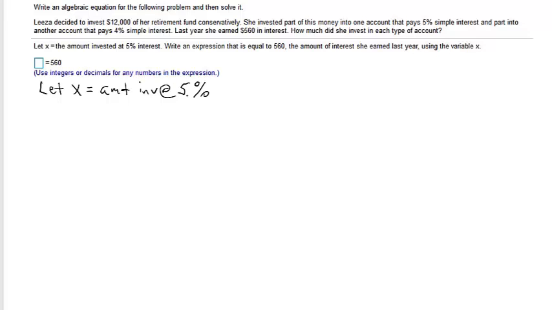So the remainder of the $12,000 is what she would invest in the 4% account. So the amount that's left over would be the $12,000 minus the amount that she invested in the 5% account. So $12,000 minus X would equal the amount invested at 4%.